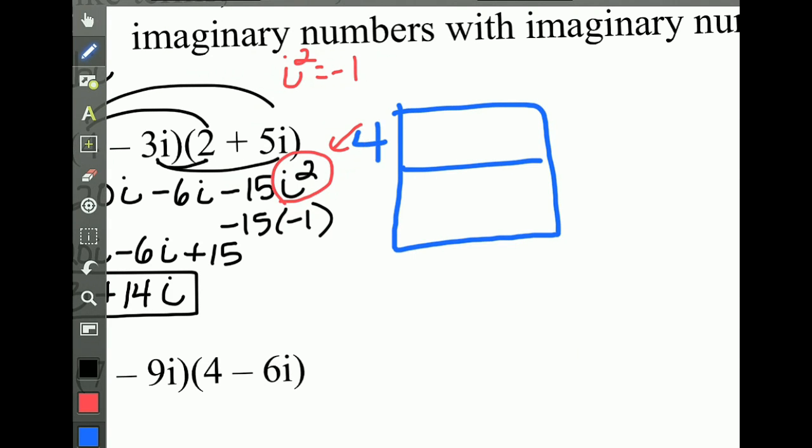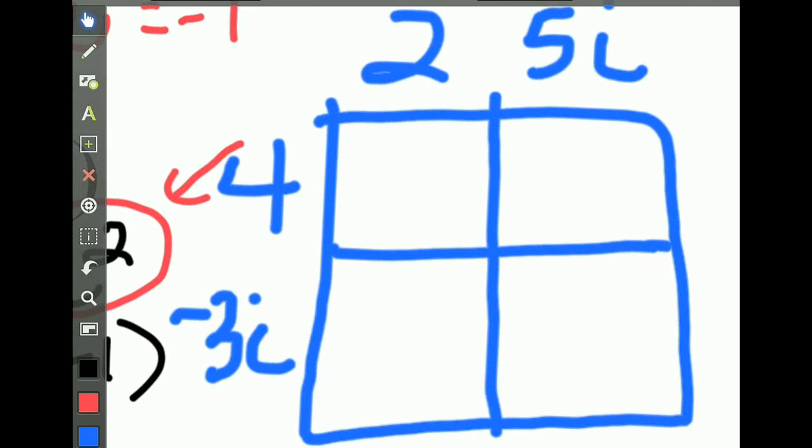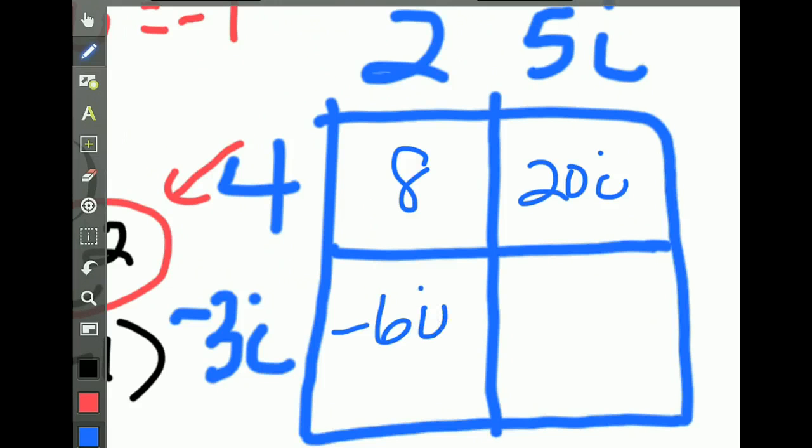So 4 and -3i, and 2 and 5i. Okay, so 2 times 4 is 8. 5 times 4i is 20i. -3i times 2 is -6i. -3i times 5i is -15i squared.